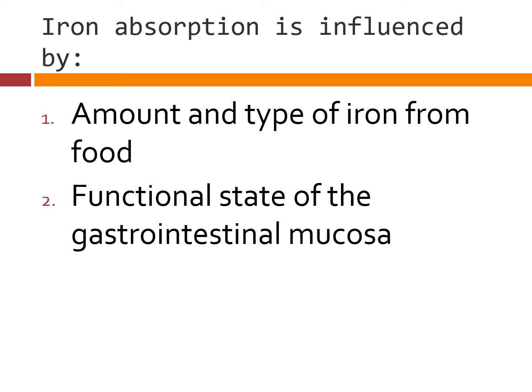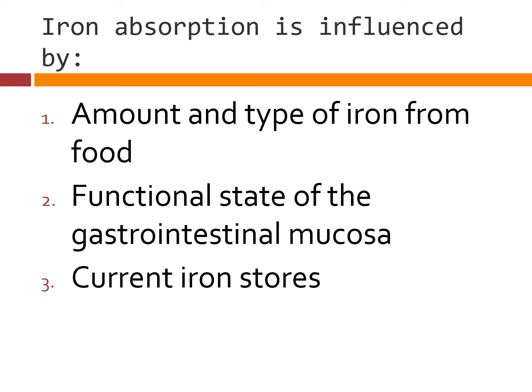Okay, so second, it can be influenced by functional state of gastrointestinal mucosa. So it depends on how functional your gastrointestinal mucosa is to absorb your iron, and also the current iron stores.